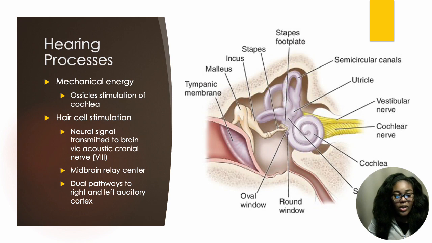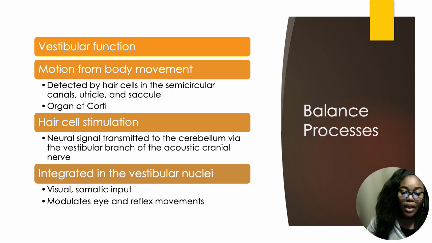So again, when you're hearing these stimulations from the outside environment, your neuronal signals, your acoustic nerves are working in tandem with your brain in order to help you hear. When you have brain damage and cranial nerve damage here, that's where you'll see alterations in your hearing. A lot of our hearing also has to do with our vestibular function, and it also helps with balance. So anytime we have issues with our ears, we see issues with our balance processes.